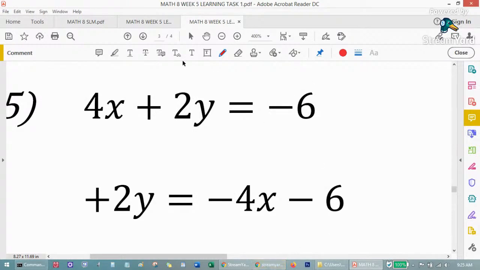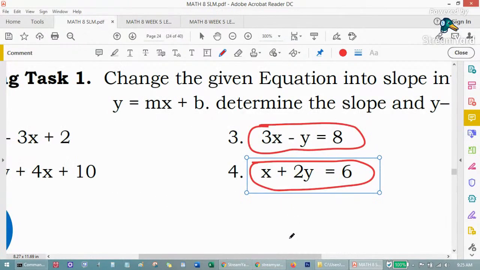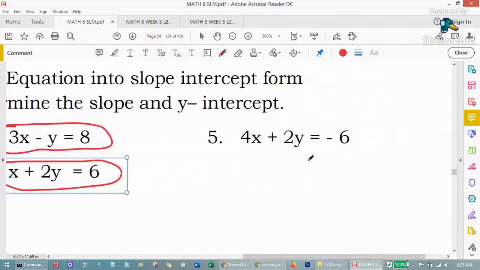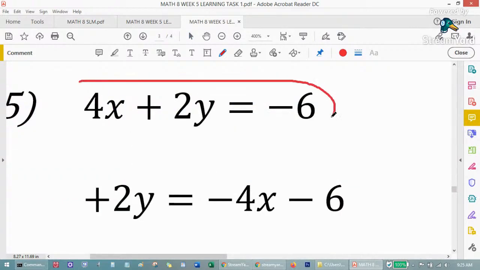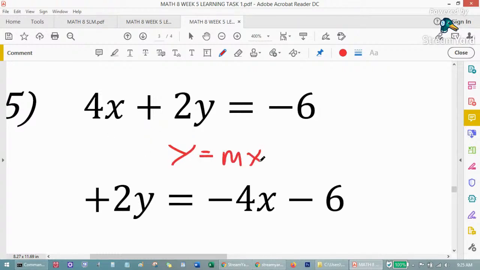Last number, 5. 4x plus 2y is equal to negative 6. So, kailangan sundin natin ng form na y is equal to mx plus b. So, kailangan y lang ang nasa left side.